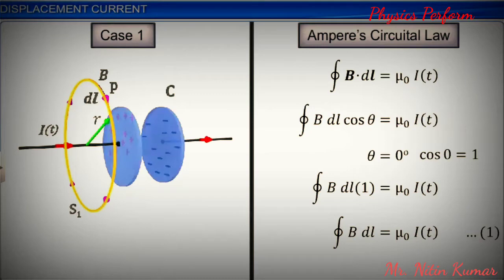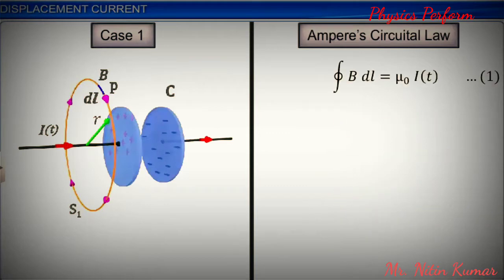Hence, the magnitude of the magnetic field is constant at any point on the circumference of the circular loop. That is, B into integral over the closed loop dl is equal to mu naught IT. Here, integral over the closed loop dl is the total length of the circular loop, that is, the circumference of the circular loop.